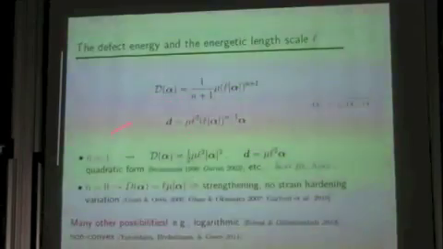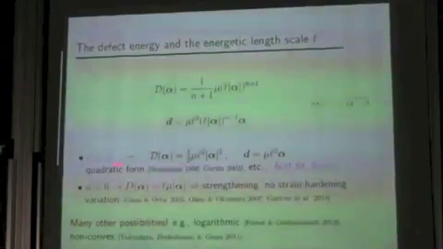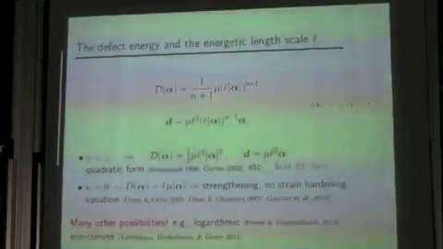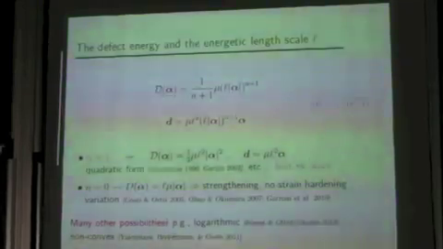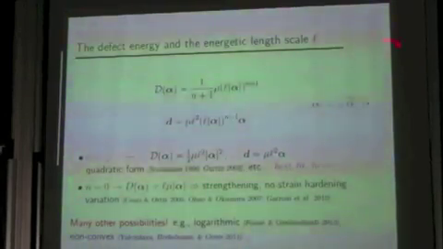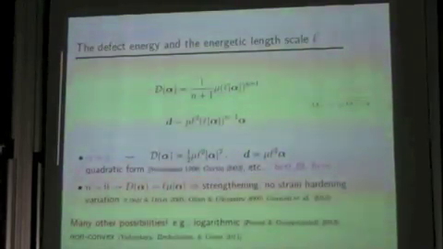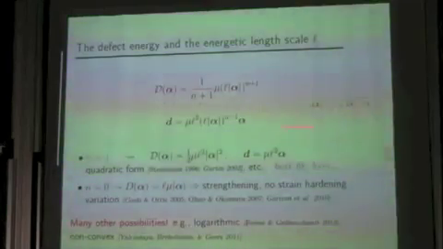So changing this exponent n, if you take it 1, it's quadratic, and that is going to be the case in the results I'm going to show, because it's the best fit, the only one which just shows strain hardening variation, no strengthening. If you take n equal to 0, it's the homogeneous case, but that provides strengthening.